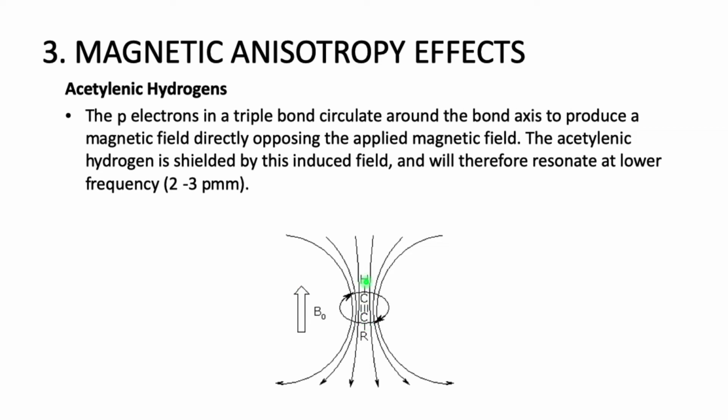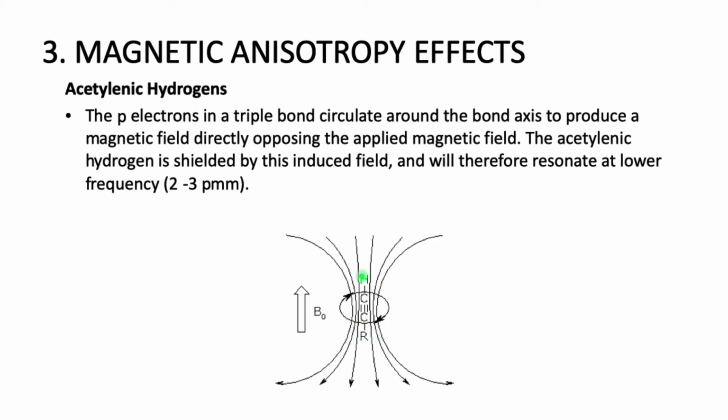Okay, so these particular hydrogens, as you can see, are not on the periphery of the flux lines, rather they are exactly in the center of these flux lines. As they are in the center of the magnetic flux lines, they experience higher opposition to the external magnetic field.